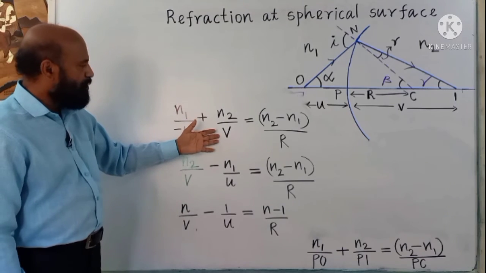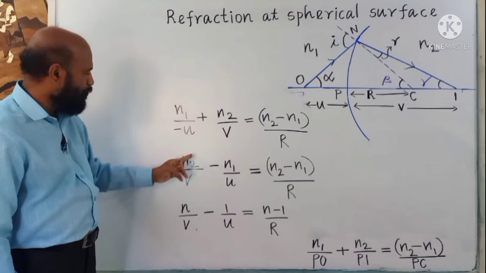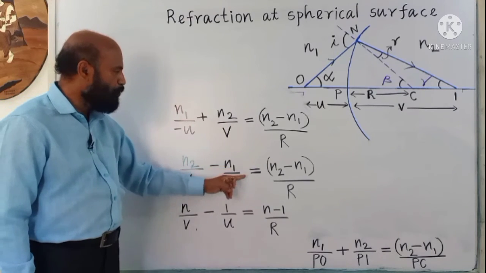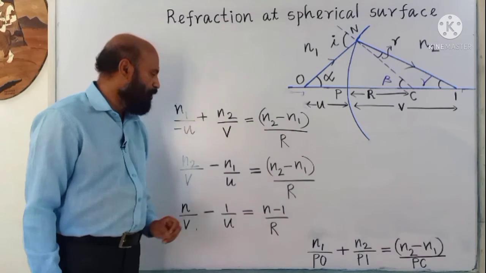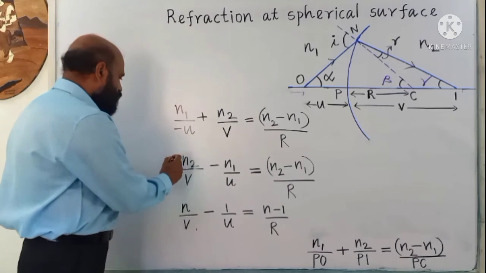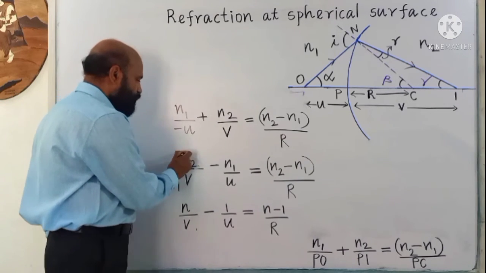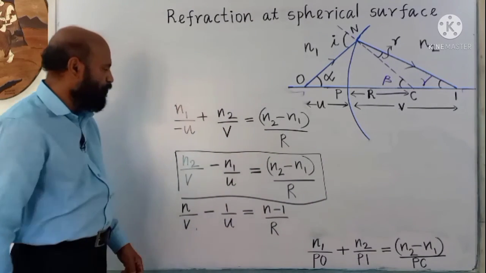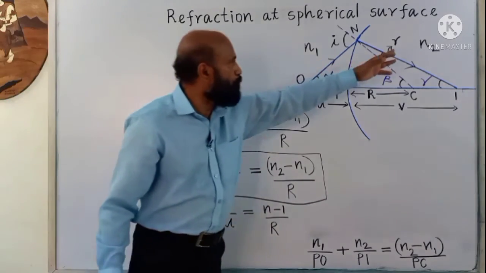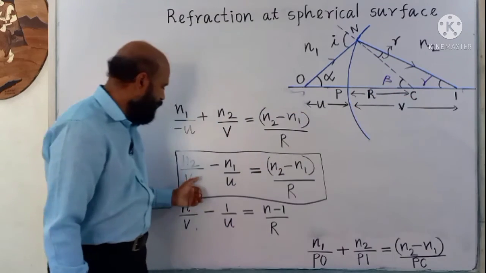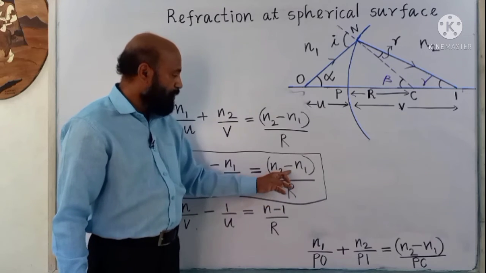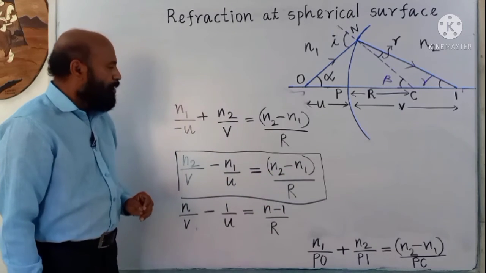Then you rearrange this: N2 by V minus N1 by U is equal to N2 minus N1 by R. So this is the equation for refraction at a spherical surface.